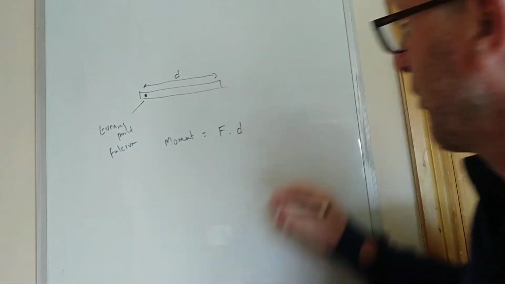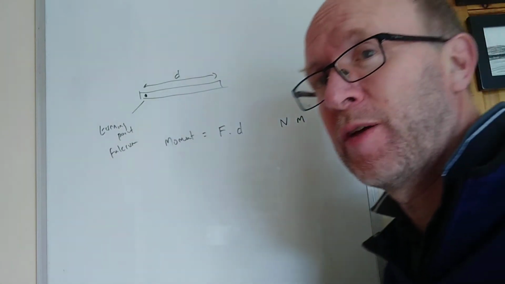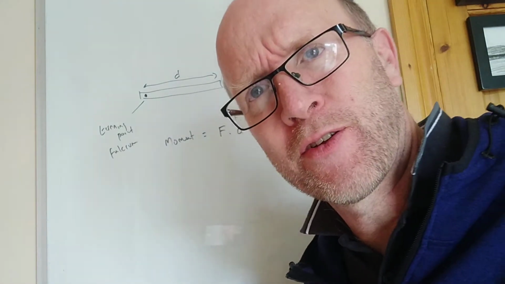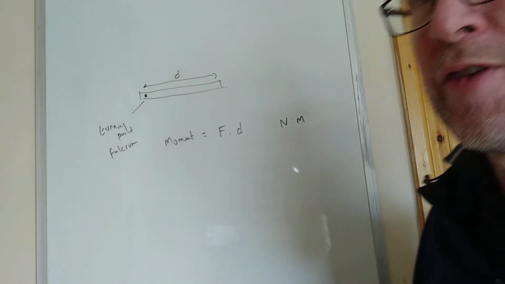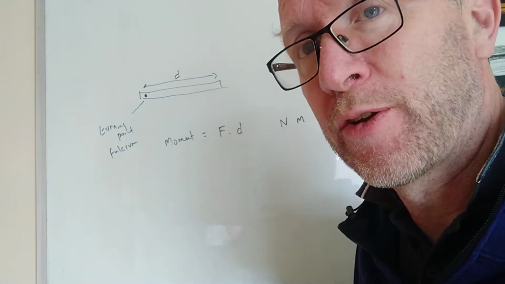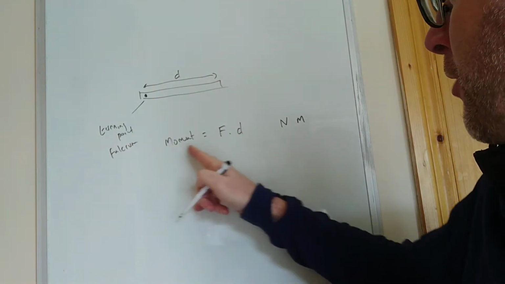So the unit is the Newton meter, which is the same as the unit of energy, but that's a coincidence. It doesn't have any special unit, so we call it the Newton meter. That's it.